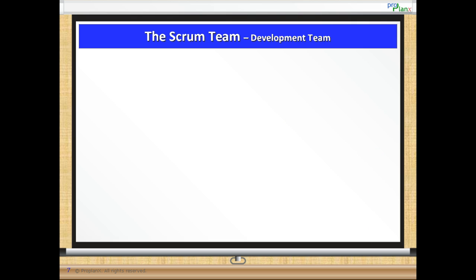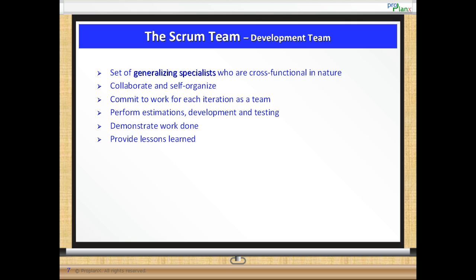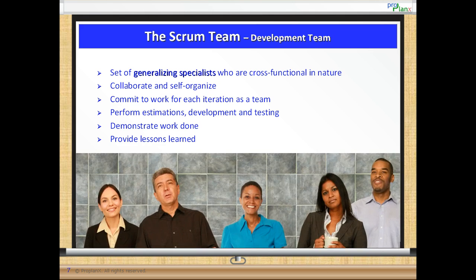The Scrum Development Team. Another component of the Scrum team is the development team. This consists of generalizing specialists who are cross-functional in nature, so when required they can assist other team members. They collaborate and self-organize to ensure project work is done.